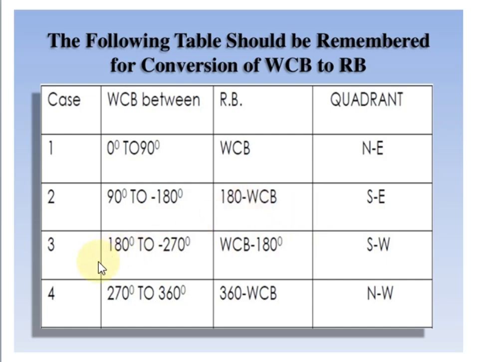Then when it comes in the third quadrant, it is whole circle bearing minus 180 degrees. This is southwest, the third quadrant. Then when the bearing comes in the fourth quadrant, the reduced bearing is 360 minus the given whole circle bearing. So it comes in the northwest.